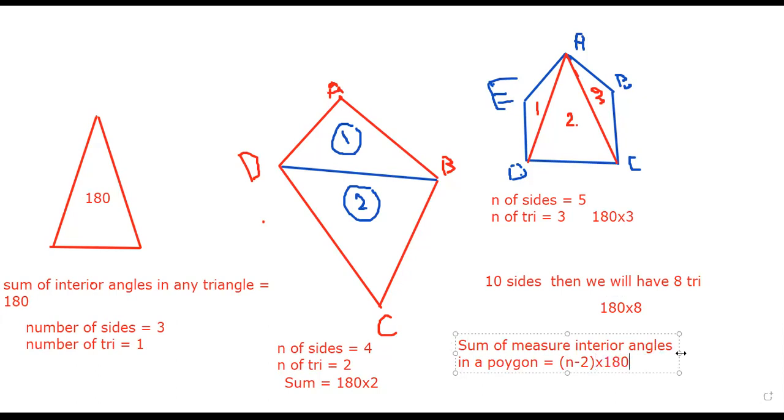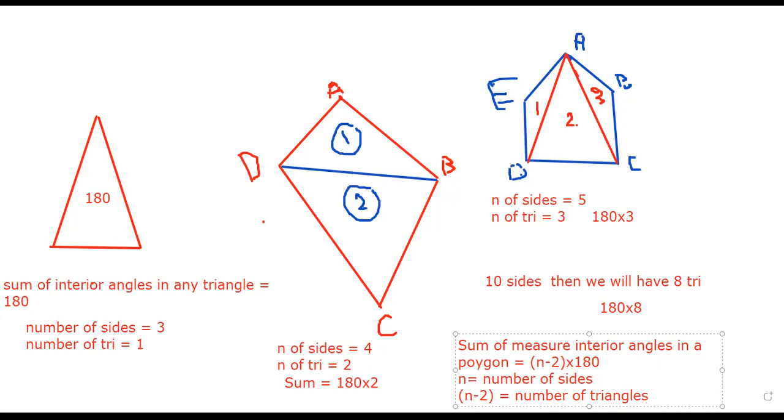And n represents what? The number of sides. And n minus 2 represents what? The number of triangles. Excellent.